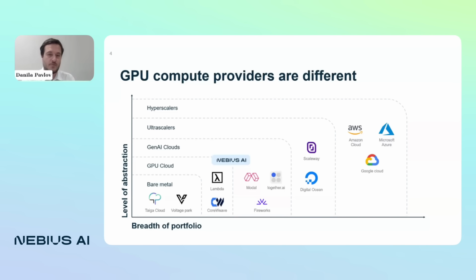As we mentioned pricing, there is a universe of cloud providers around the world. It begins with the bare metal providers, which have the least level of abstraction, and ends with our well-known big three cloud providers, who have the widest portfolio and the best level of abstraction, but on the other hand, they have the highest prices.